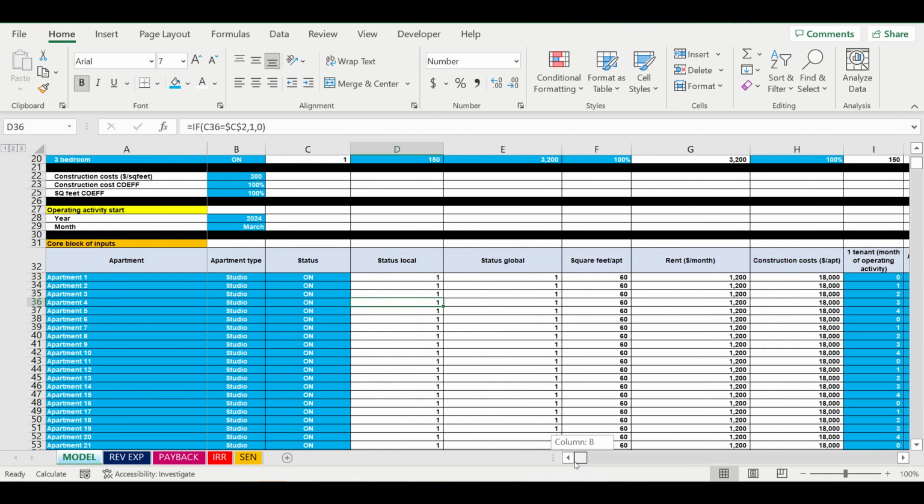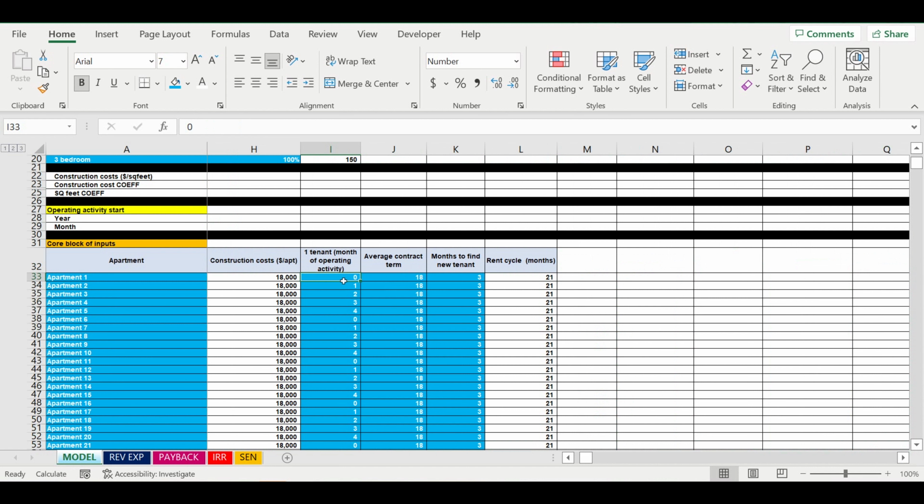Next, we specify when we start operating activity, and how fast we find the first tenant, because during this period we may have some operating losses. And we can specify for different types of apartments how long it takes us to find the first tenant in months.